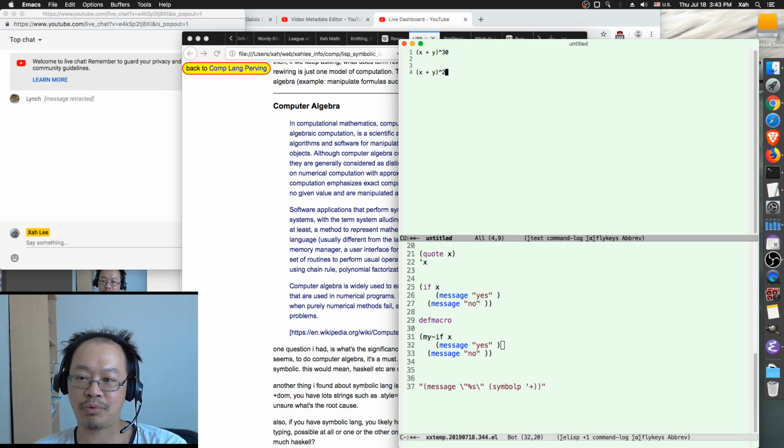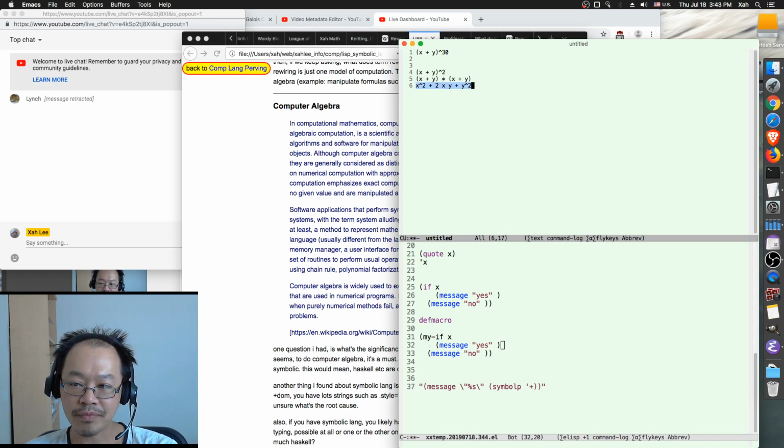This expression, for example, will become x squared plus 2xy plus y squared. So if you multiply this out, it will become that.